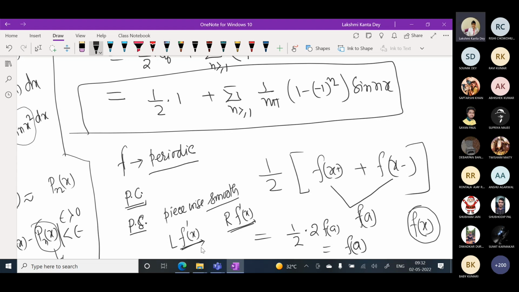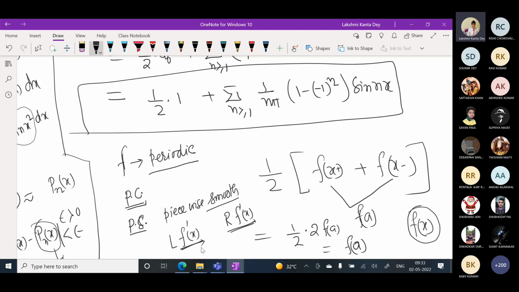Smooth means continuously differentiable, and piecewise smooth means that at finitely many points the function is not continuous, and therefore not differentiable there. So except at those points, its left derivative and right derivative exist. That is what piecewise smooth is.